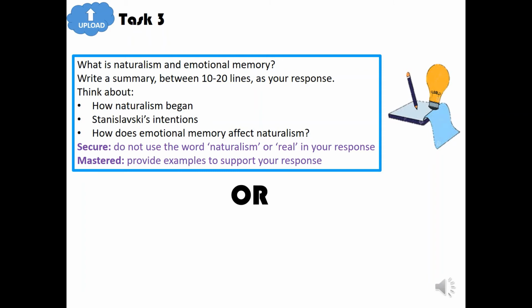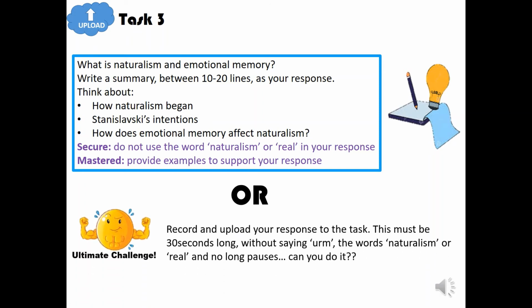Secured and mastered students will do the task, but here's a challenge for you, Secured. Do not use the word naturalism or real in your response, and Mastered students, provide examples to support your response. Or can you do the ultimate challenge? So record and upload your response to the task, what is naturalism and emotional memory.